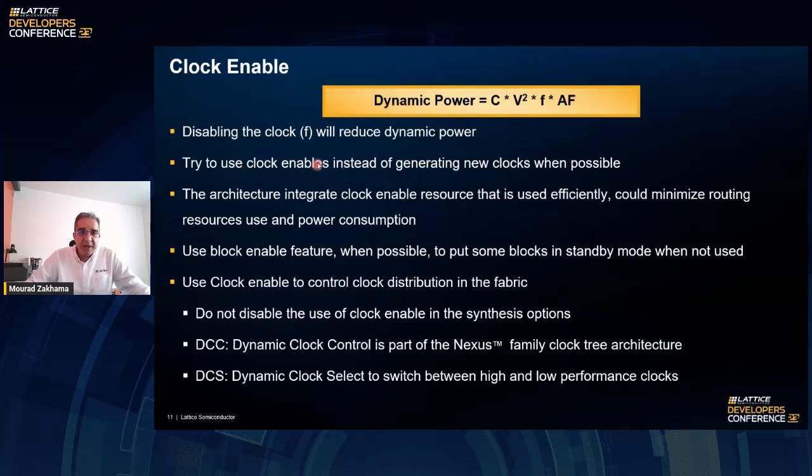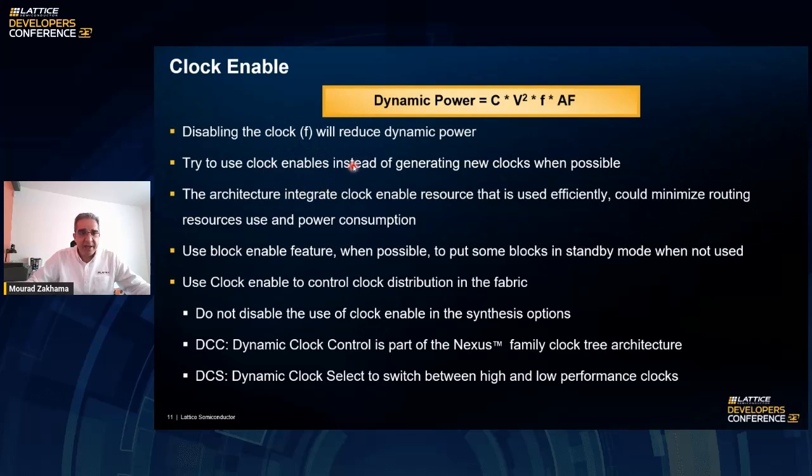So using clock enable is a good practice in terms of power, but also in terms of timing closure. It's better to have 5 clock domains to achieve timing closure than having 10 or 20, or some designs may have even larger numbers of clocks.